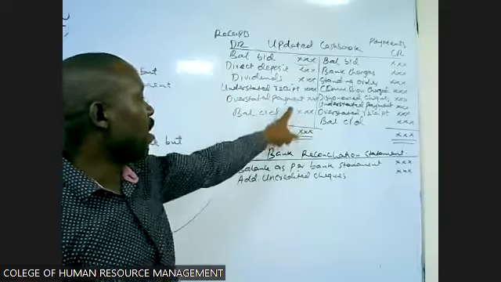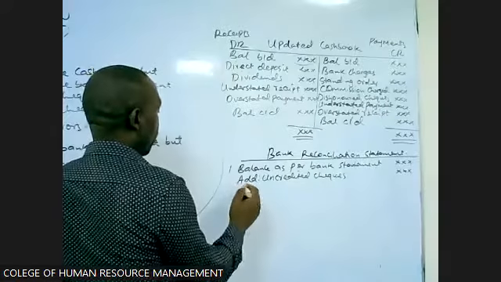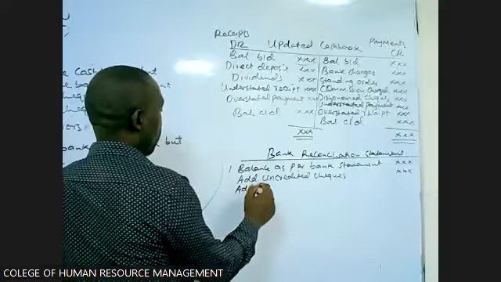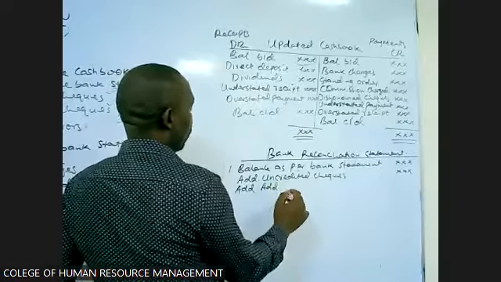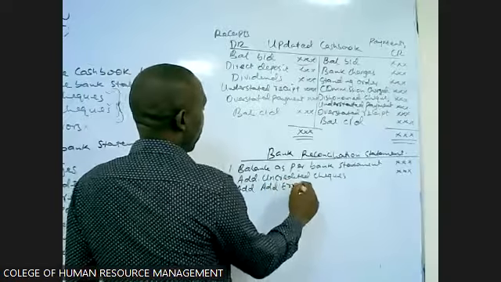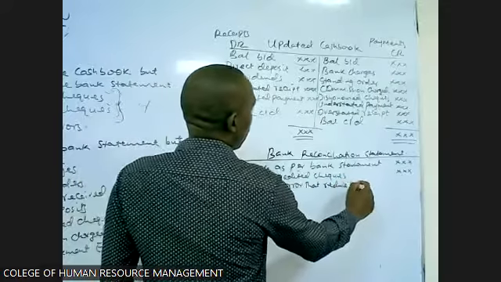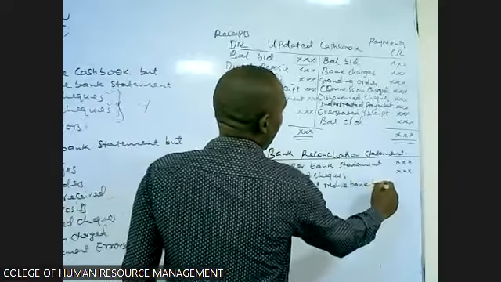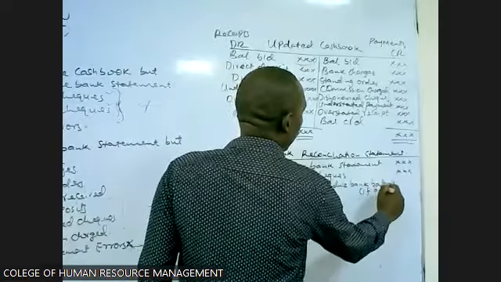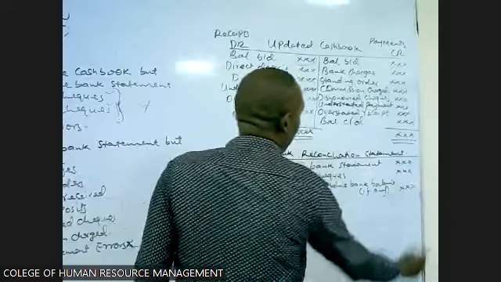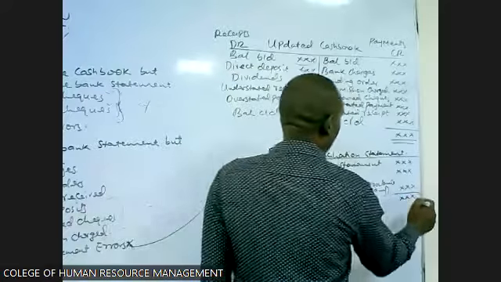They will never appear here. We add uncredited checks, and then if there is any error that occurred in the bank statement and it reduced our bank balance, you add it here. Error that reduces bank balance, if any. It will not be there in most cases, but if it is there, put it there.